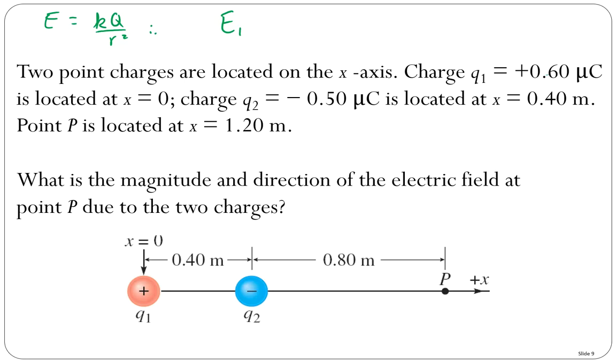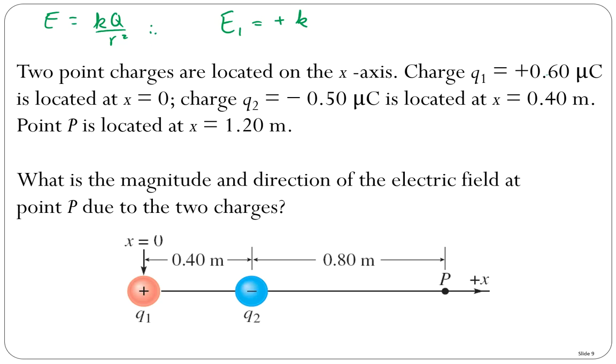Is that going to be pointing out at point P to the right or to the left? Charge 1 being a positive charge, electric fields point which way from positive charges? Outward. And so going away from Q1, over here at point P, is going to the right, which we're calling positive. So E1 is going to be a positive value.